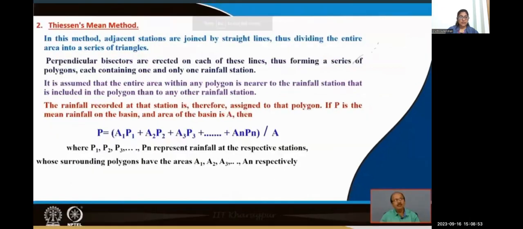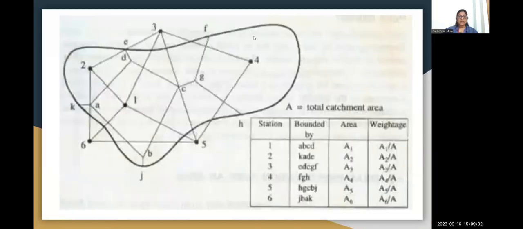Now the next method is called the Thiessen's polygon or Thiessen's mean method. In this, if you see here, this irregular polygon is the drainage basin.